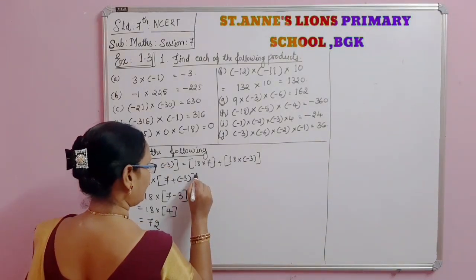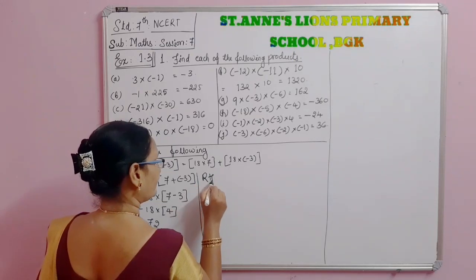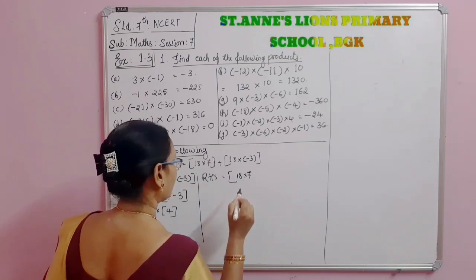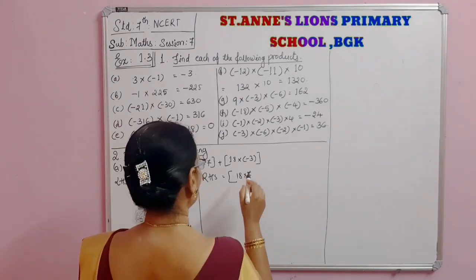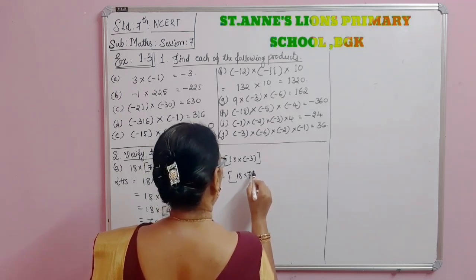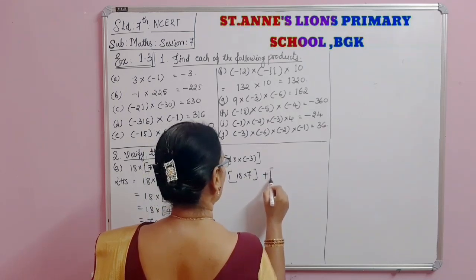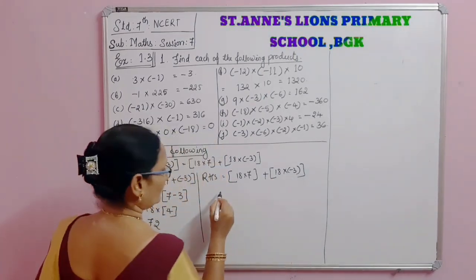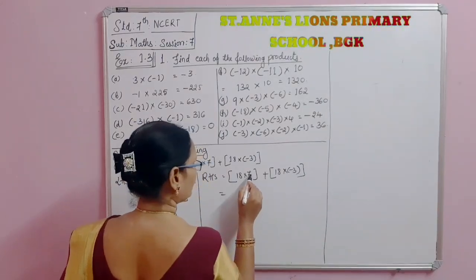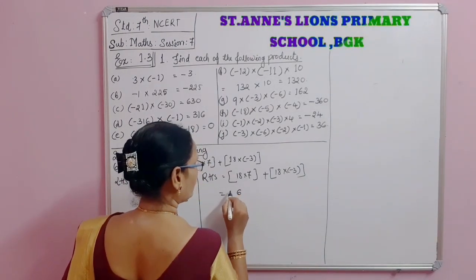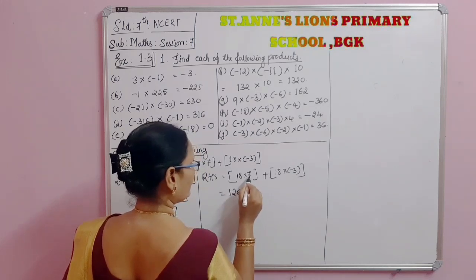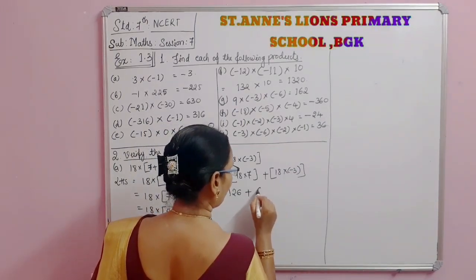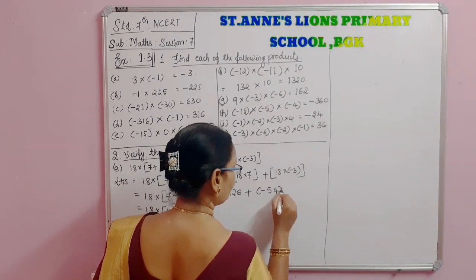What is the RHS? RHS is equal to 18 into 7 plus 18 into minus 3. Now 18 sevens are 126 plus 18 threes are 54, here minus 54.